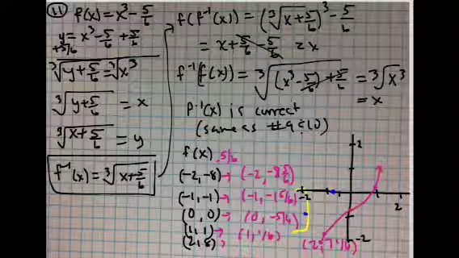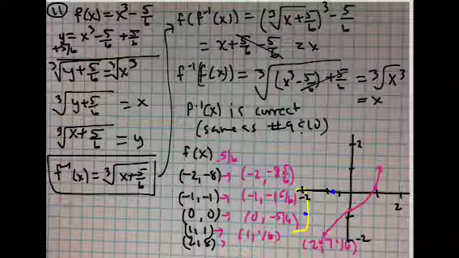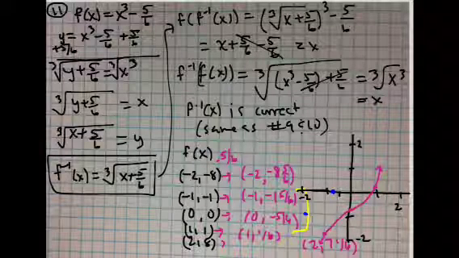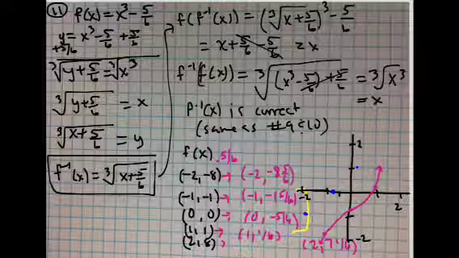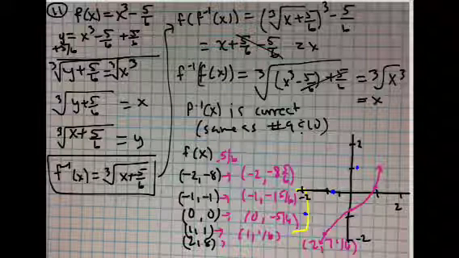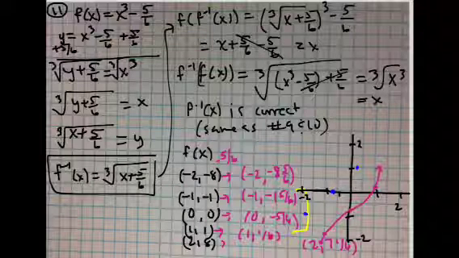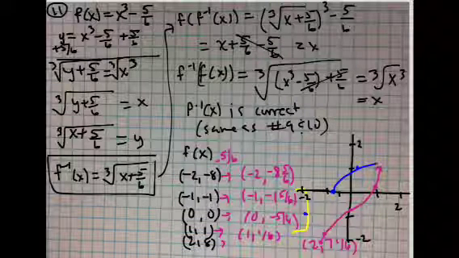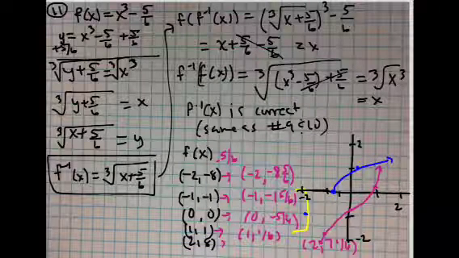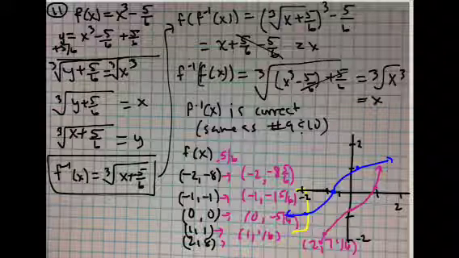And then we have 1/6, 1. So 1/6, 1 is about here. And so this one goes out, and out. And that's the function.